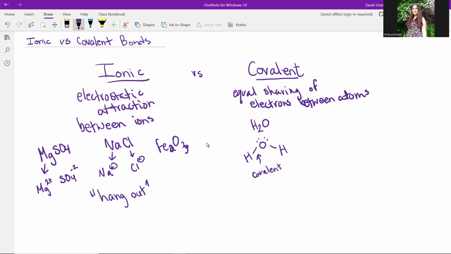Other examples of covalent compounds, we breathe out CO2, carbon dioxide, and its structure looks like this. We also have oxygen, or O2, that we breathe in, its covalent structure or covalent molecule looks like this.